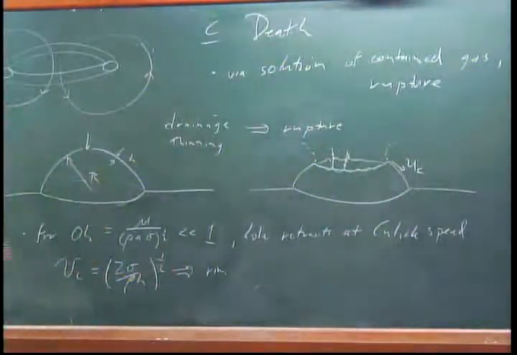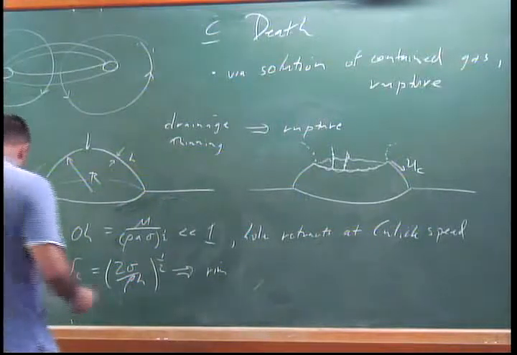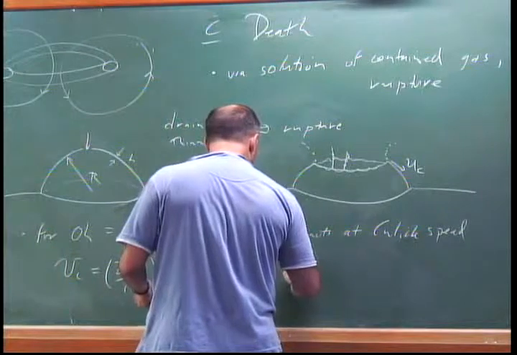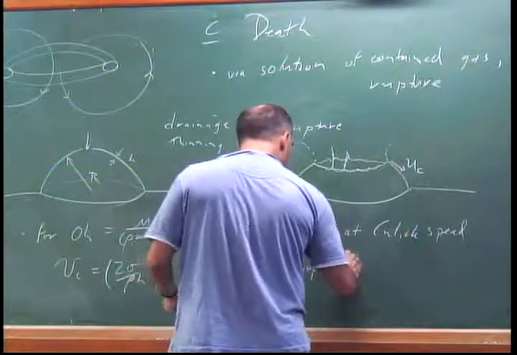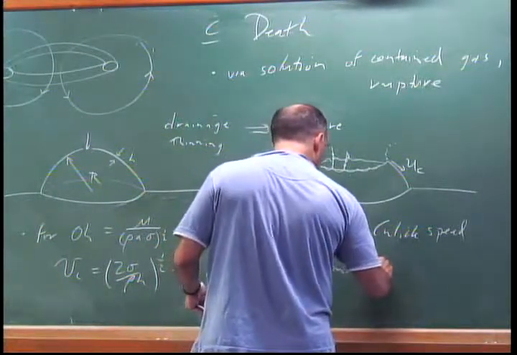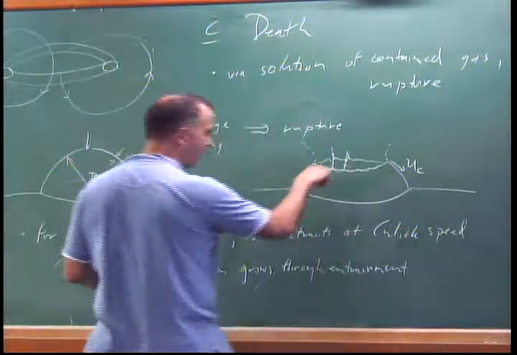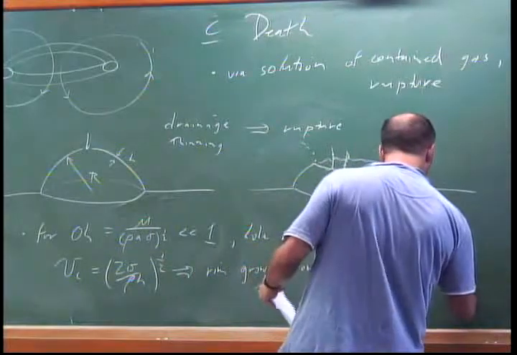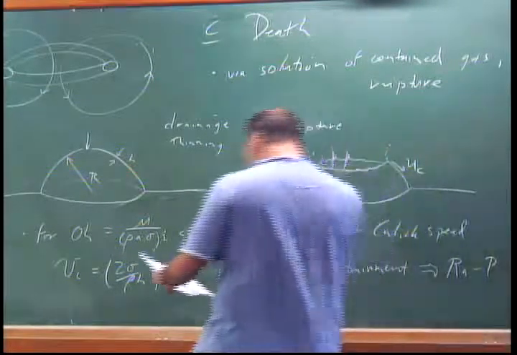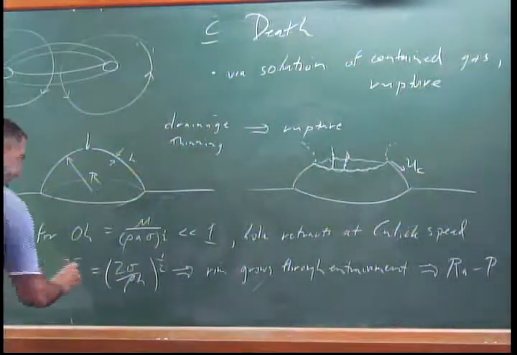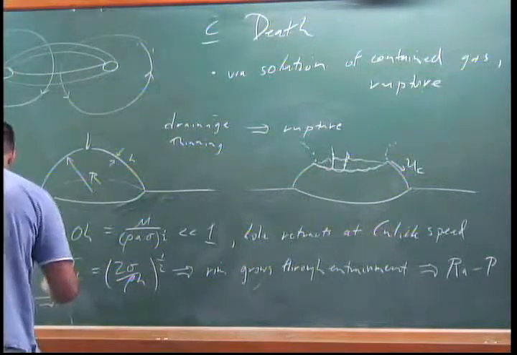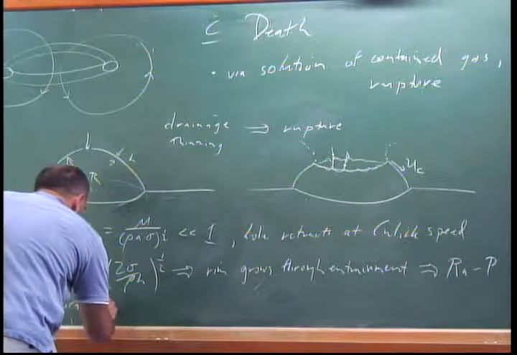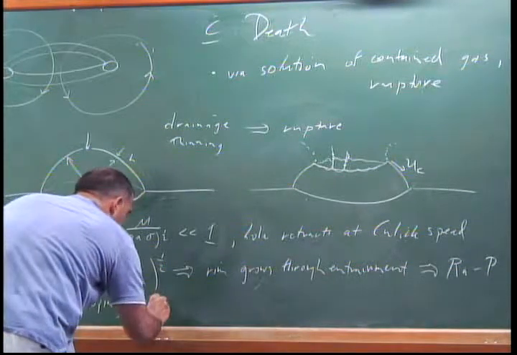which is set by the thickness of the film at the stage of rupture, and then the rim grows through entrainment, and then you get the sort of scalloping on the edge as Rayleigh-Plateau develops.